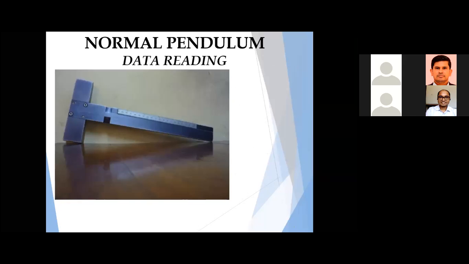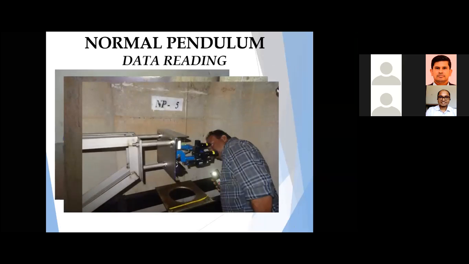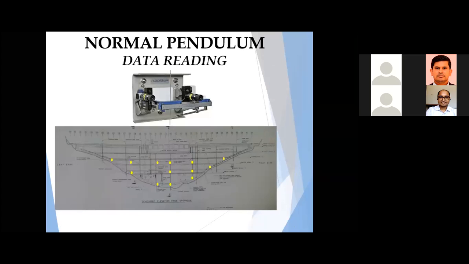We can use a T-square, as shown here, and also an upgraded scope. From there, we can take instrument readings up to 0.01 millimeter accuracy. This is the scope we are using to measure the pendulum reading.